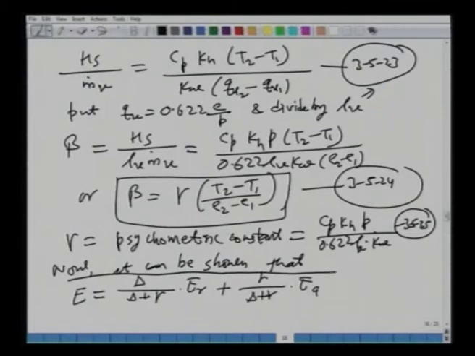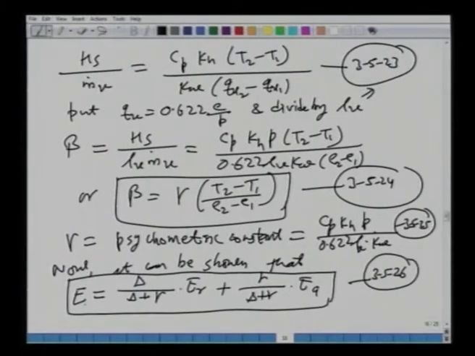It is a simple combination. Actually, you see that this is a weighted average, all right, of the two evaporation rates, and let me number this as 3.5.26.